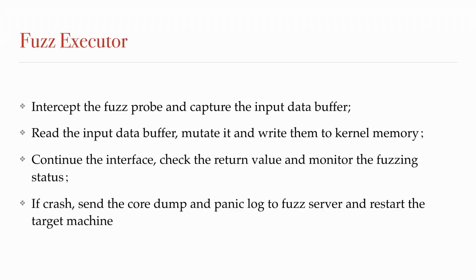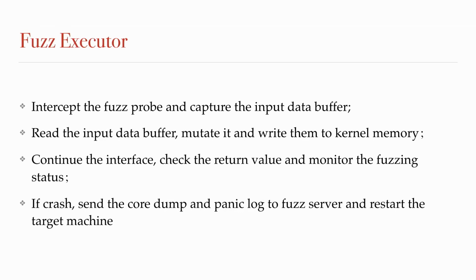The other part is the fuzz executor. This part is used to intercept the fuzz probe and capture the input buffer, read the input buffer, mutate it and write it back to the kernel memory. You can see that this is the main control logic of our fuzzing strategy.